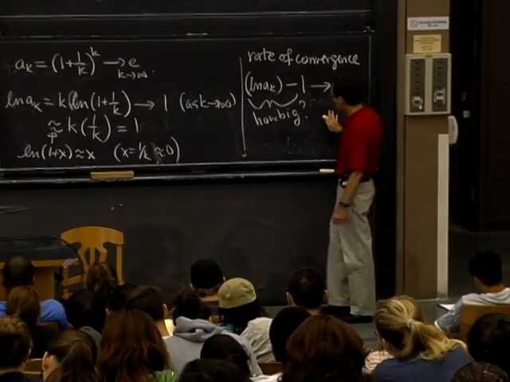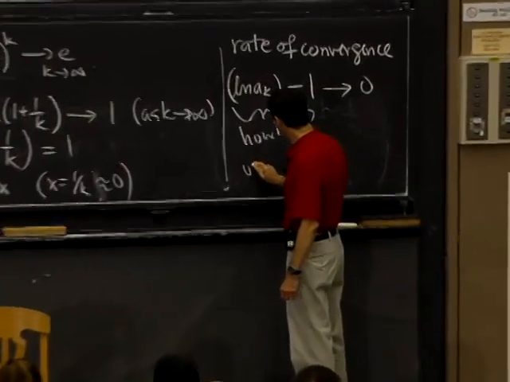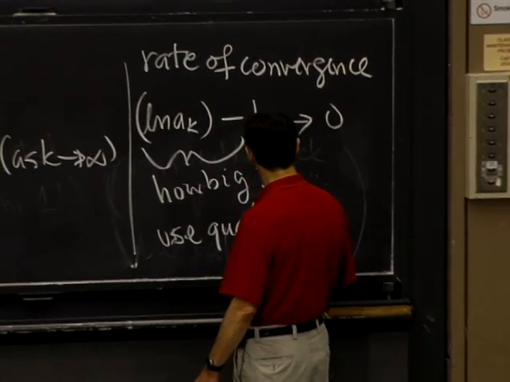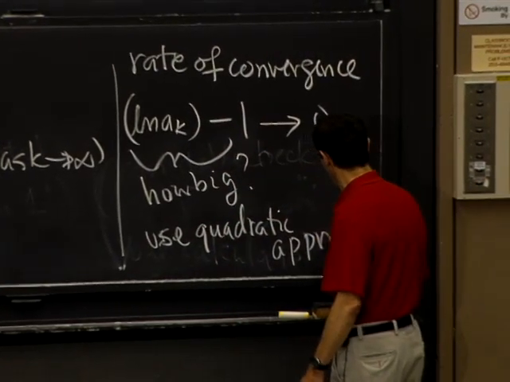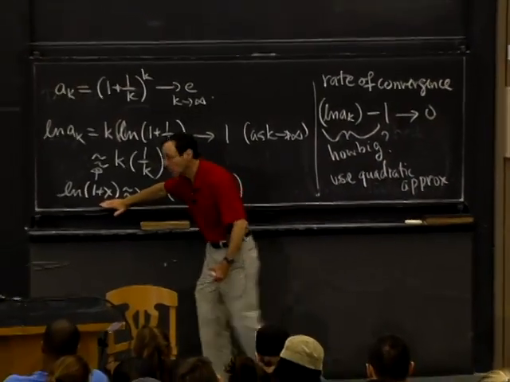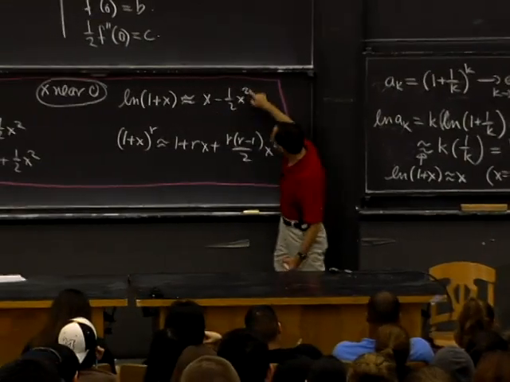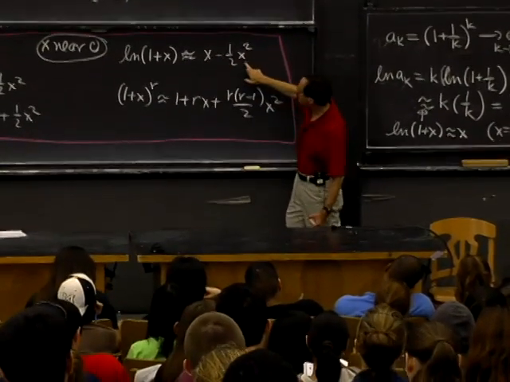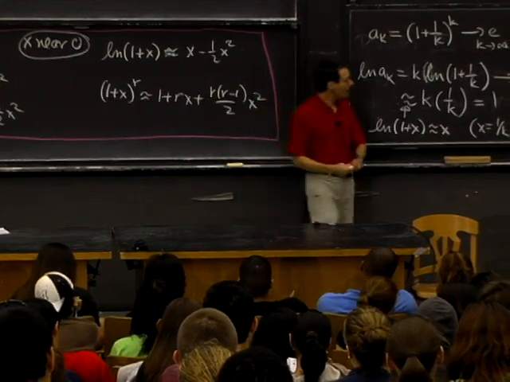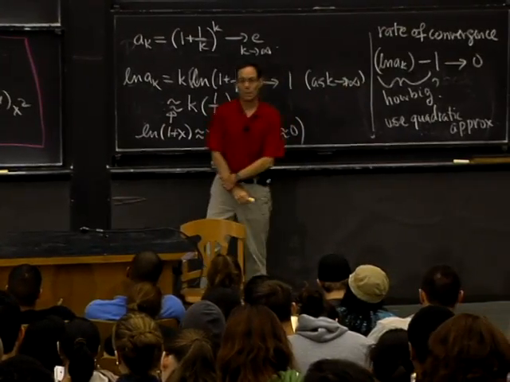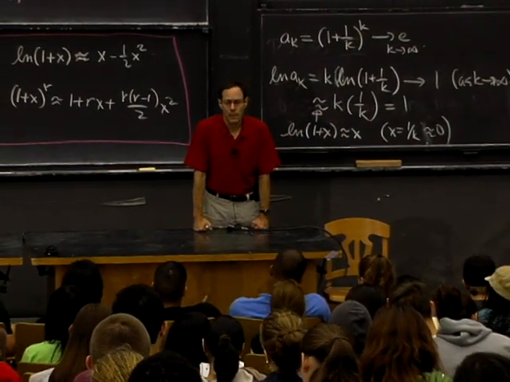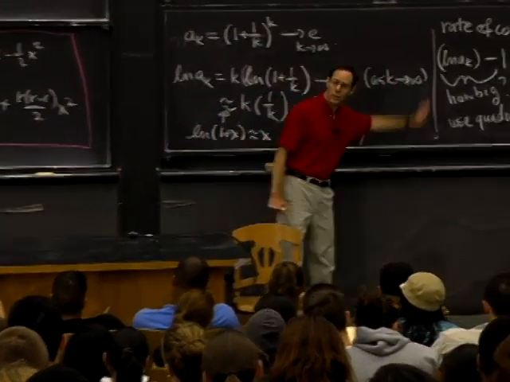The answer just uses the quadratic approximation. If I have a little bit more detail than this expression here, in other words the next higher order term, where this is like 1 over k and this is like 1 over k squared, then I can understand how big the difference is between the expression that I've got and its limit. So that's what's on your homework. This is on your problem set.